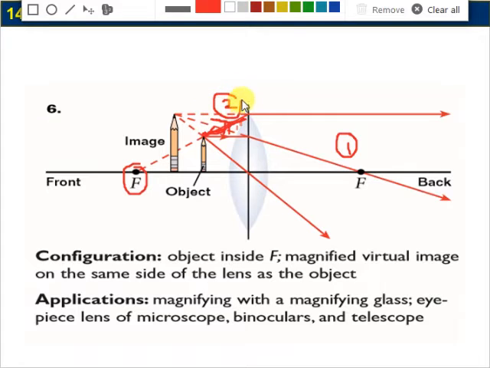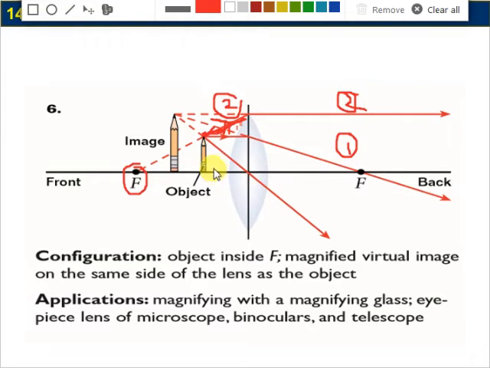Ray number 2, because the focal point here is behind the object, the ray will be directed toward the lens as if it's coming from the focal point. So this ray, how will it leave the lens? It will leave parallel. So this is the second refracted ray. This is the first refracted or emergent ray that leaves the lens. This is the second refracted ray.